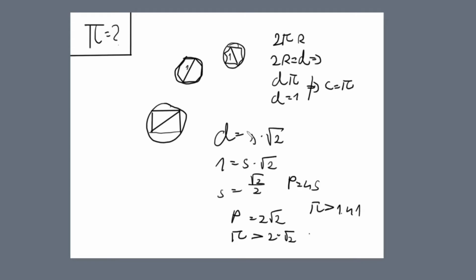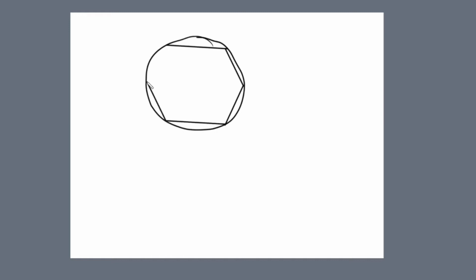Now that's not all that accurate, so we're going to also do it with a hexagon. Draw a circle, and draw a little hexagon inside of it. There you go. Perfect. And its diagonal is 1. The way that we're going to solve our problem here is basically you just split this into triangles, and you find out everything you need. So I'm just going to draw all of its diagonals. Remember, they're all 1.